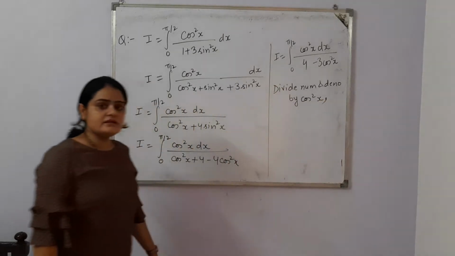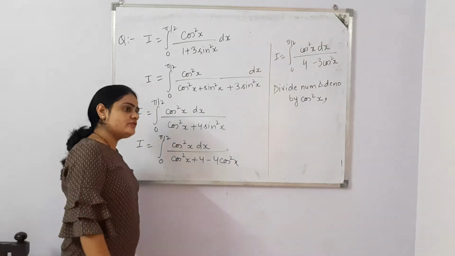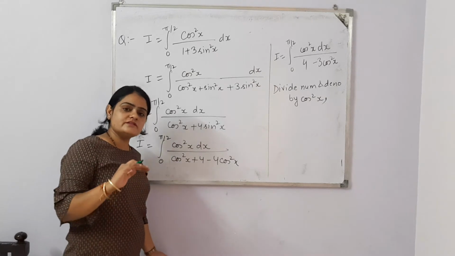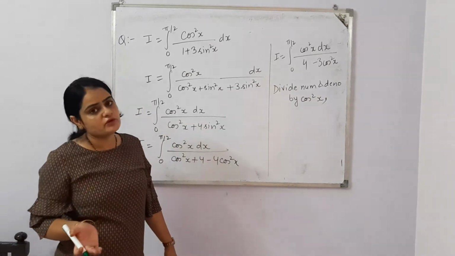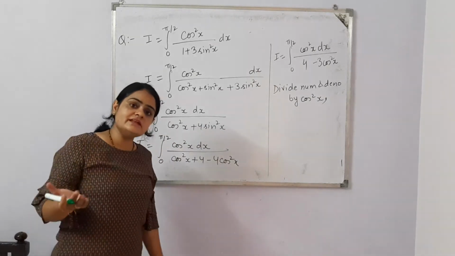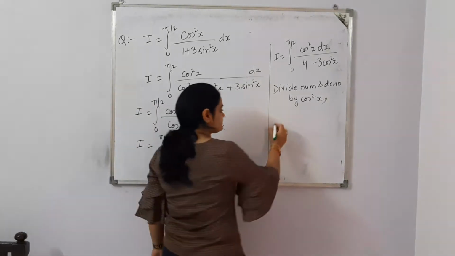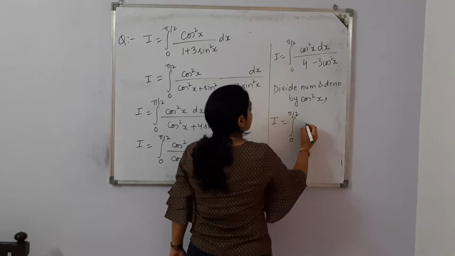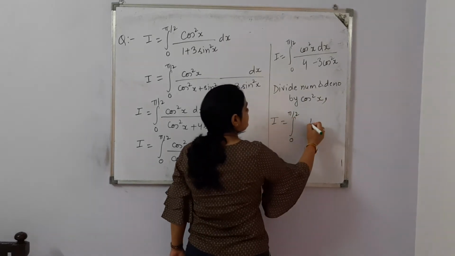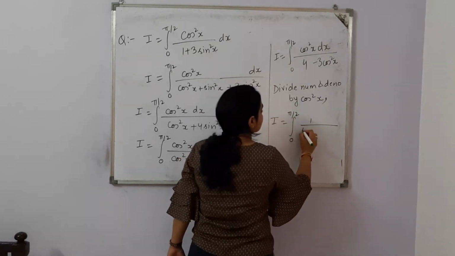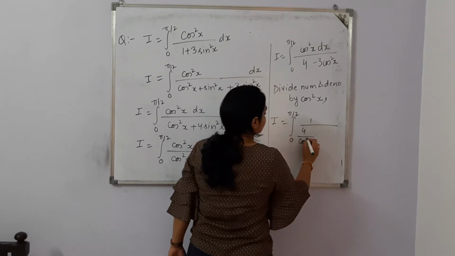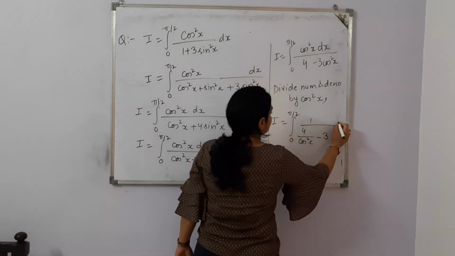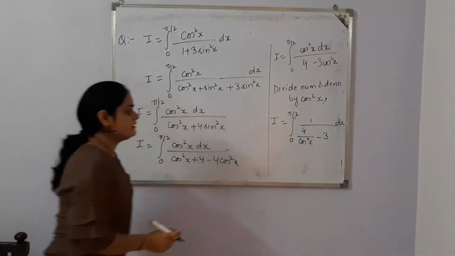This is an easy one, the criteria that I am following. Or if you want to apply the formula of cos square x, which is 1 plus cos 2x divided by 2, it's up to you. You can apply the formula, and even then you will get the answer. So 0 to pi by 2. Cos square divided by cos square is 1. It is 4 by cos square minus 3 dx.